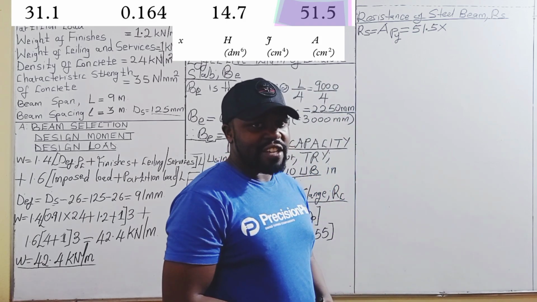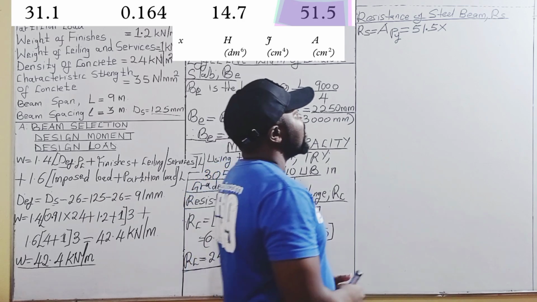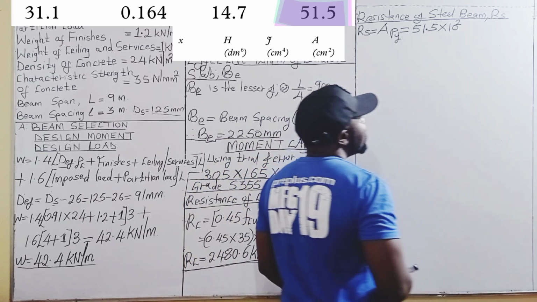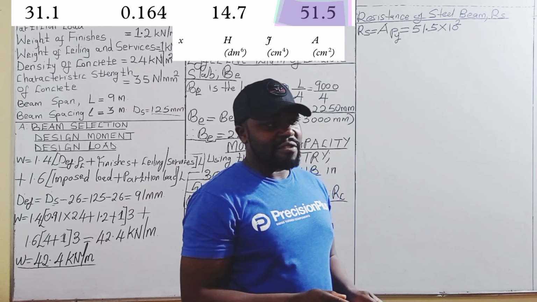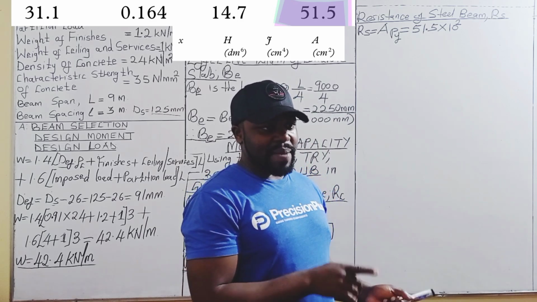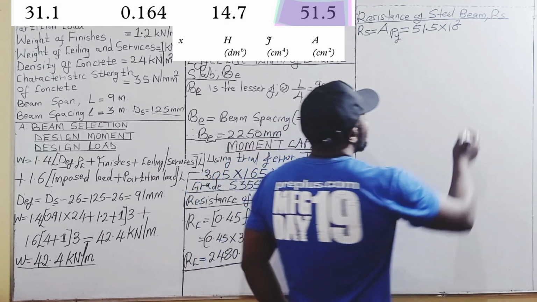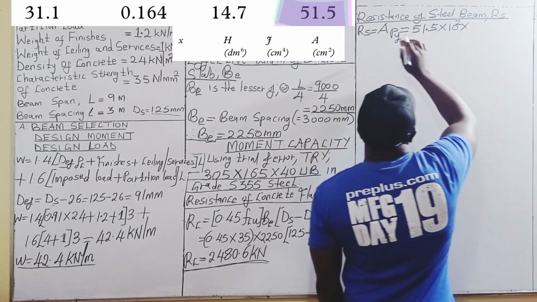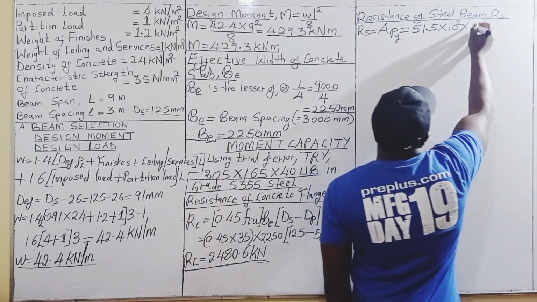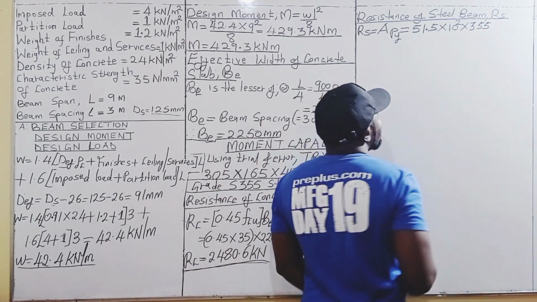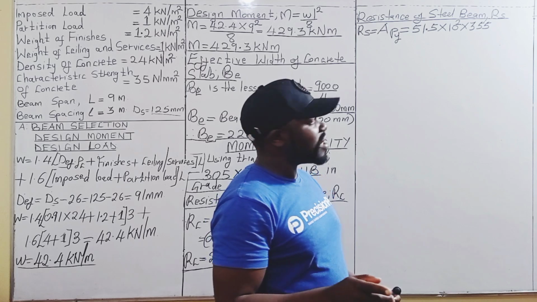We need to convert that to square millimeters. So you are going to multiply by 100, that is 10 squared, since 1 square centimeter is equivalent to 100 square millimeters. Then we multiply by the design strength of steel, which is 355. We are going to get the answer in newtons.